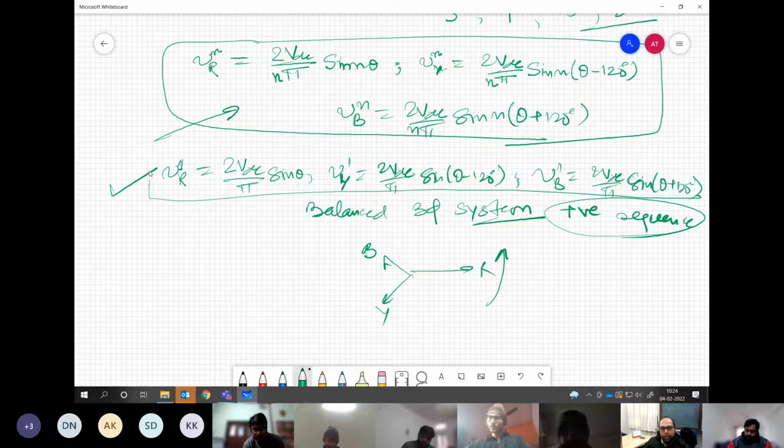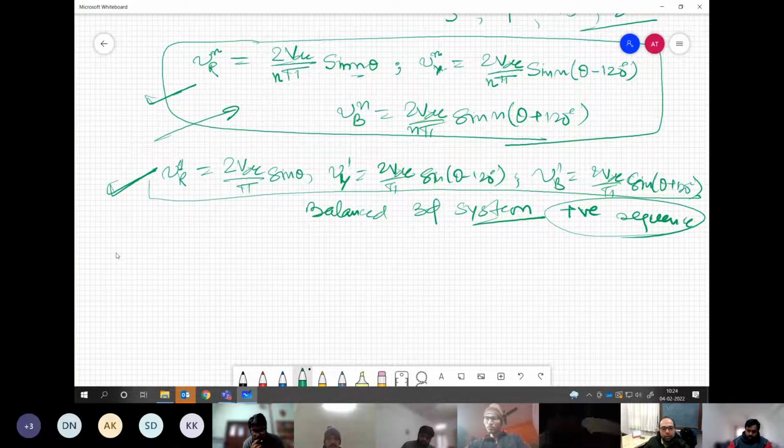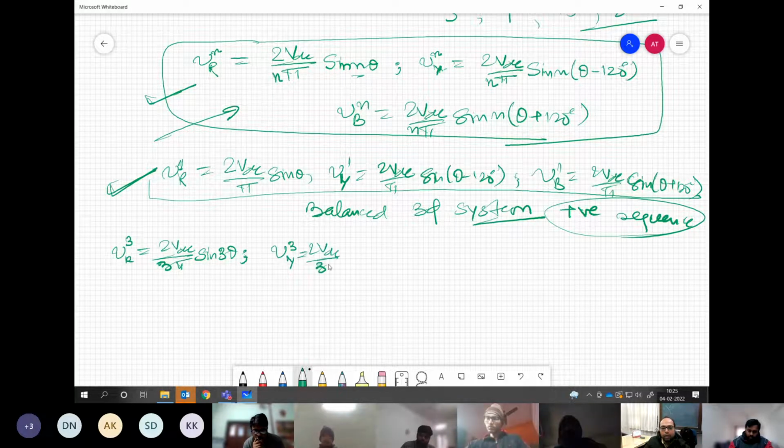Now, the same, whatever we have here, you try keeping n equal to 3. So what will happen? This is 3 theta. So VR3 will be 2 VDC by 3 pi sine 3 theta. Then Vy3 will be 2 VDC by 3 pi sine of 3 times theta minus 120.